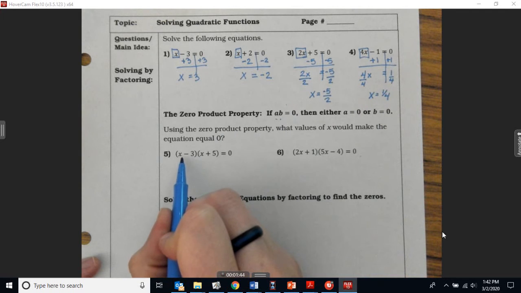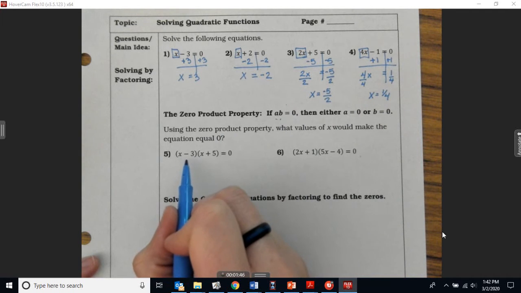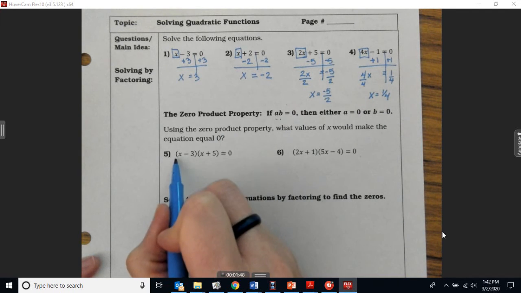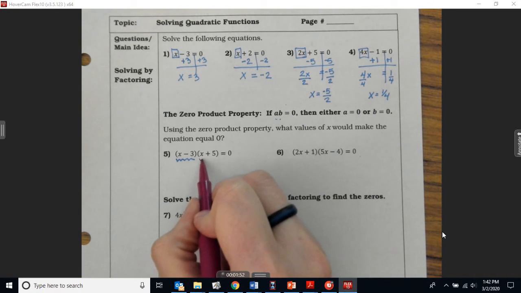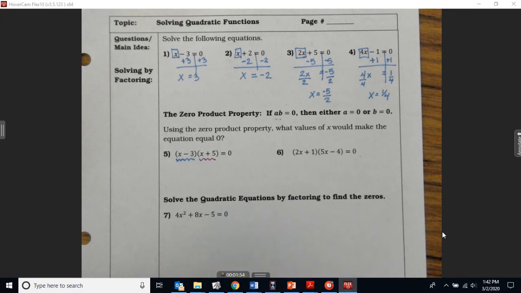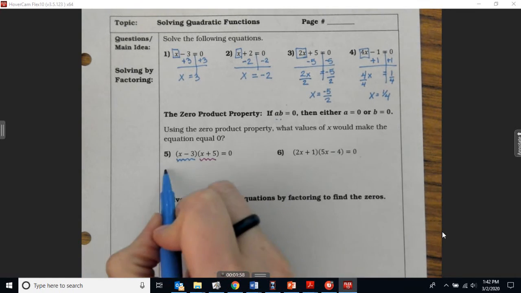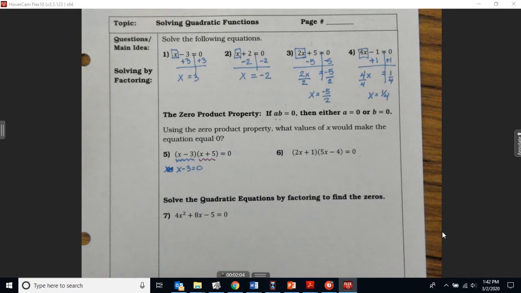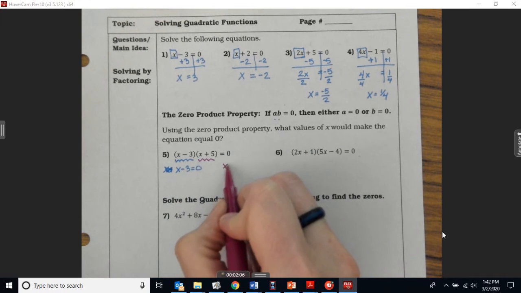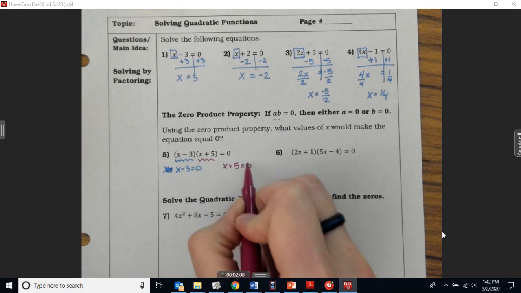So if I look at number 5, x minus 3 times x plus 5, I have two things. I have x minus 3 and I have x plus 5. And if I say that they equal 0, then that means either x minus 3 equals 0 or x plus 5 equals 0.